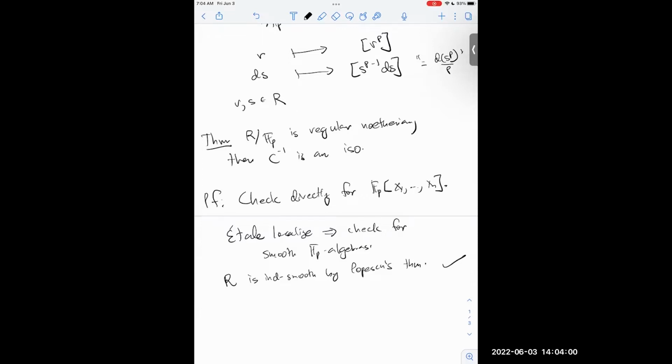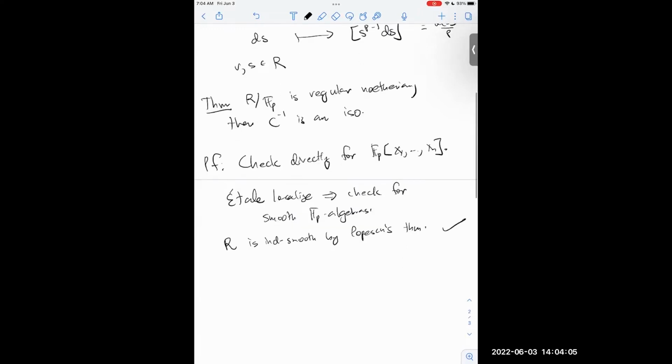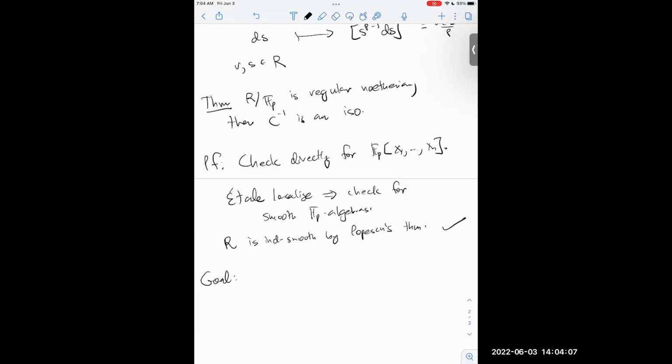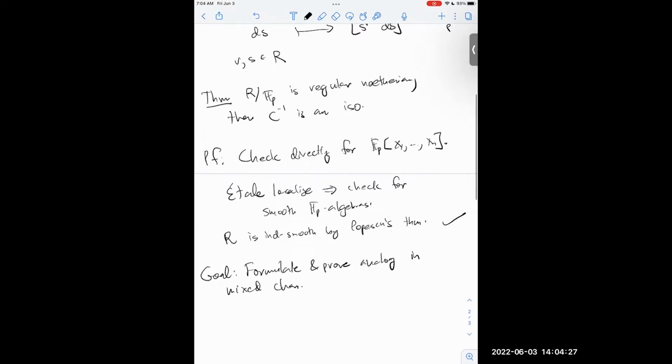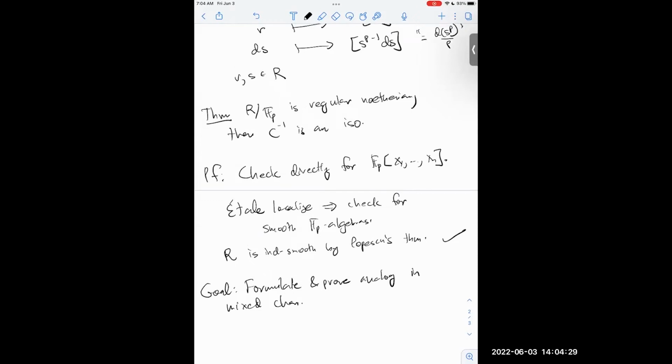Okay, so that's a proof of this theorem, and so essentially the goal of today's talk is to formulate and prove an analog in mixed characteristic of the above theorem, and also explain the application to syntomic cohomology as in the previous two lectures. And the idea is that it's supposed to be somehow formally similar to this theorem.